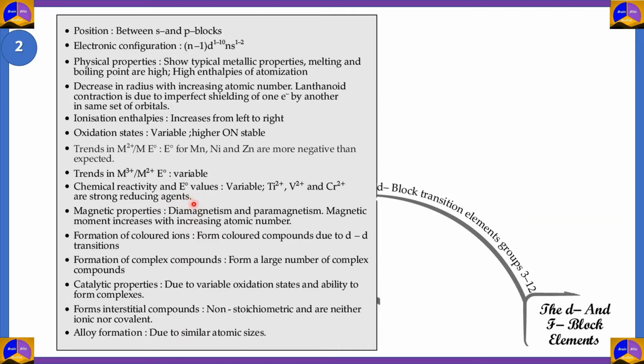Another point about oxidation states is that these have many oxidation states possible, and the highest number of oxidation states is for manganese. It has +2, +3, +4, +5, +6, +7. So these are the oxidation states.